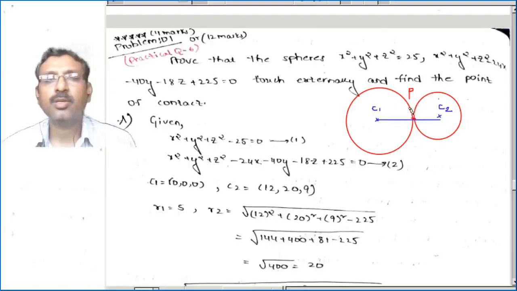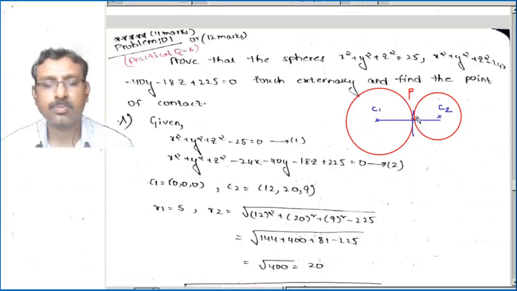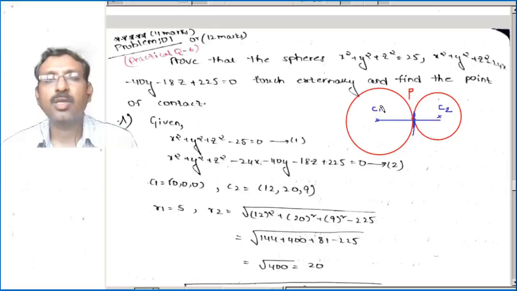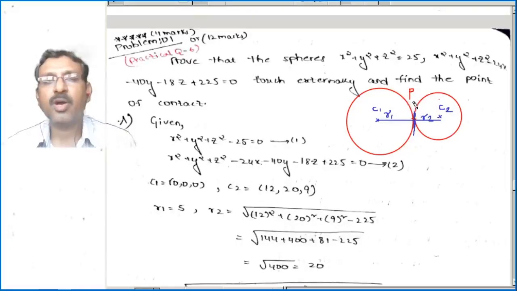Then P divides C1 C2 in the ratio of radii, R1 is to R2.